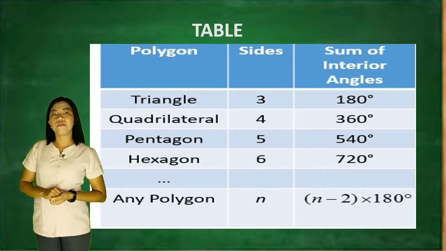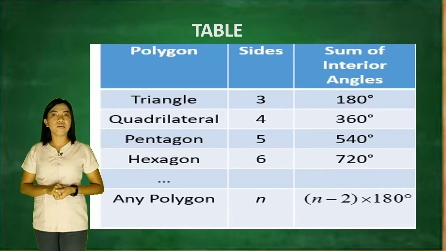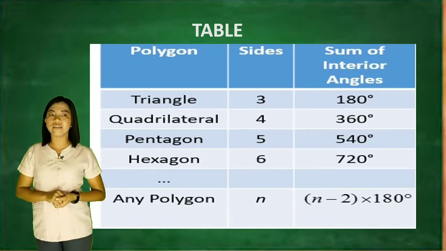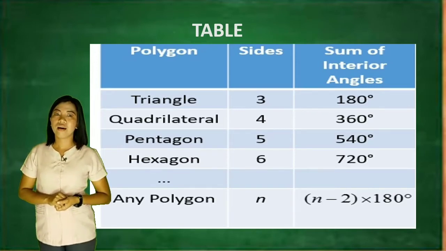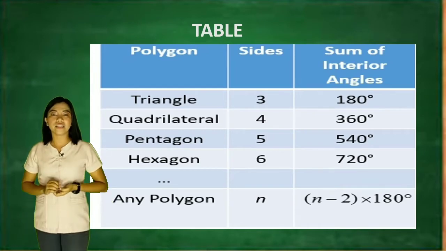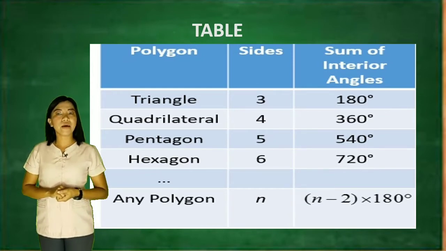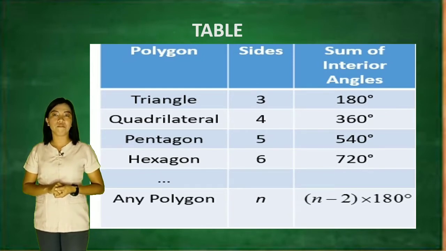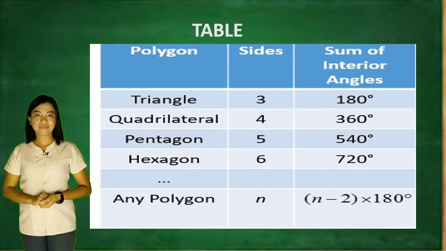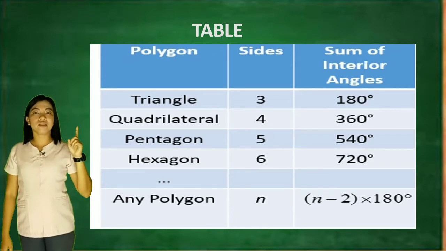Do you know how a triangle has a sum of its interior angles of 180 degrees? Why a quadrilateral has a sum of its interior angles of 360 degrees? And a pentagon has 540 degrees. I will give you 1 minute to think.